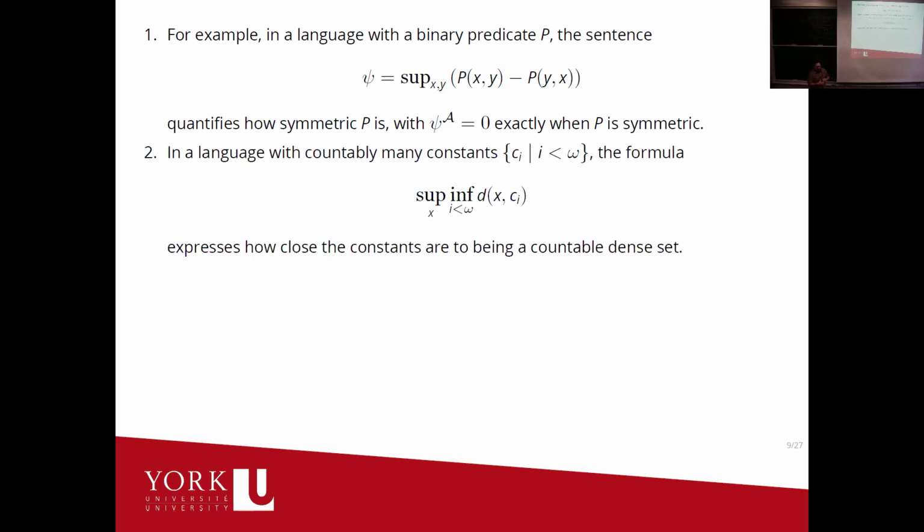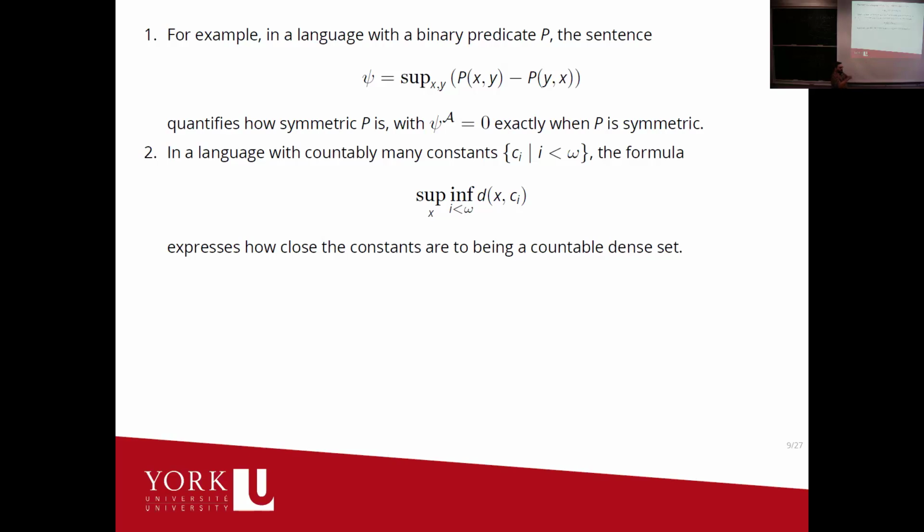Okay, suppose I have countably many constants. Consider the supremum over x of this countable infimum of the distance between x and these constants. So that's exactly telling you how close the constants are to being a dense set. If that formula is 0, then everybody is as close as you want to some of the constants.